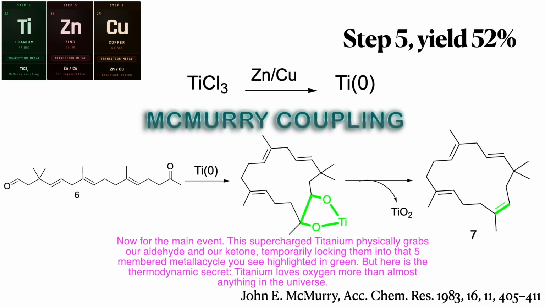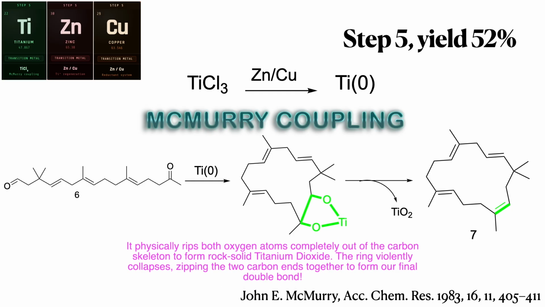But here is the thermodynamic secret. Titanium loves oxygen more than almost anything in the universe. It physically rips both oxygen atoms completely out of the carbon skeleton to form rock-solid titanium dioxide. The ring violently collapses, zipping the 2 carbon ends together to form our final double bond.